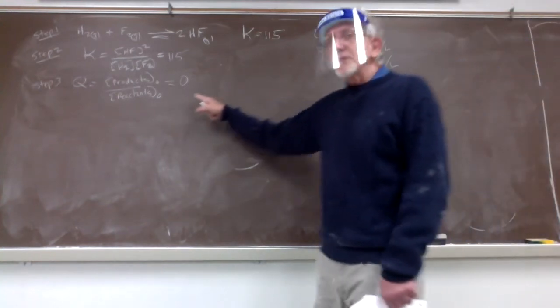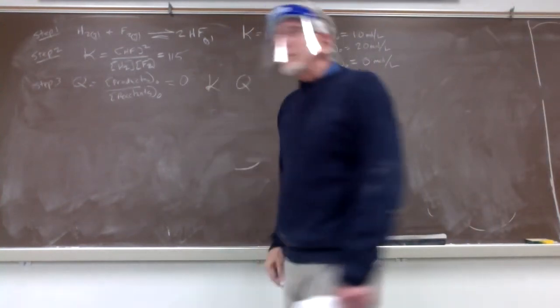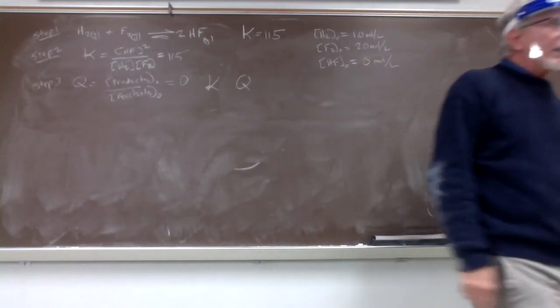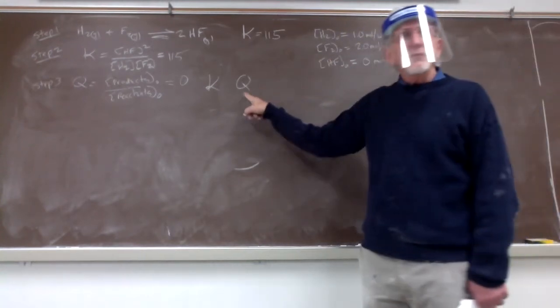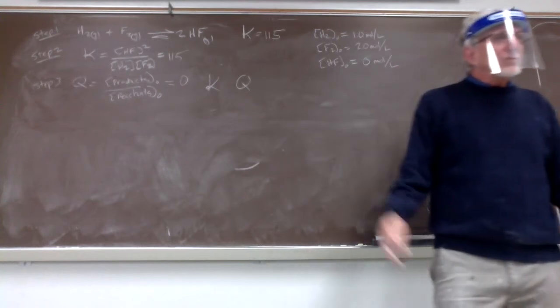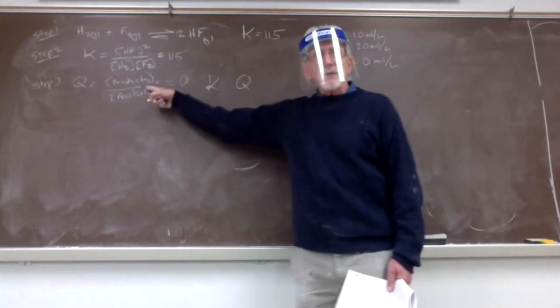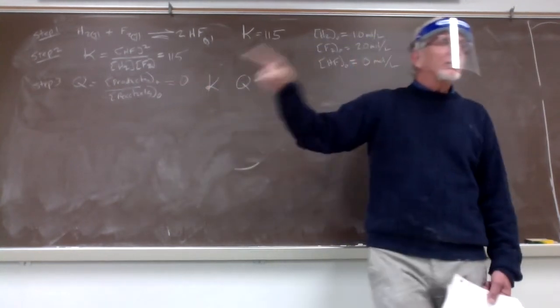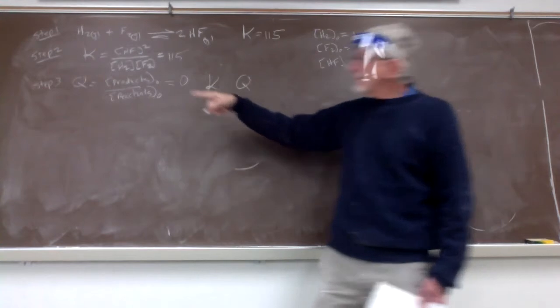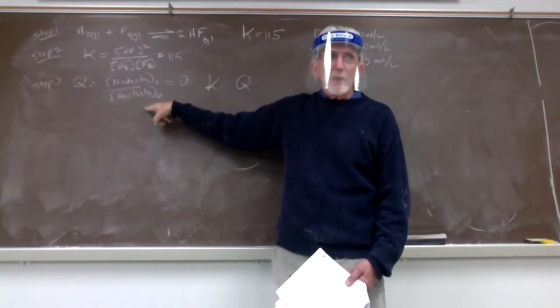So which direction must it go? You have to determine the relationship between K and Q. K is 115, Q is 0. Q is too small. What do we not have enough of? Products, right? If Q is less than K, we don't have enough product. Remember that Q and K are product concentrations over reactant.